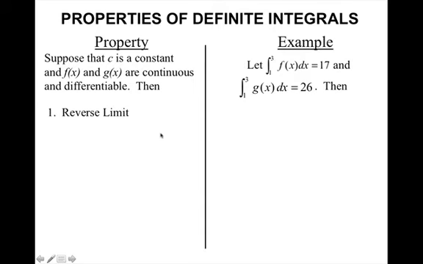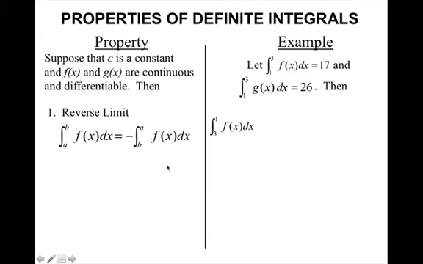So the first property is what we call the reverse limit. What this says is that if we have an integral from a to b of f of x dx, then if we multiply by a negative, it flips the limits. So instead of from a to b, that means we have from b to a.